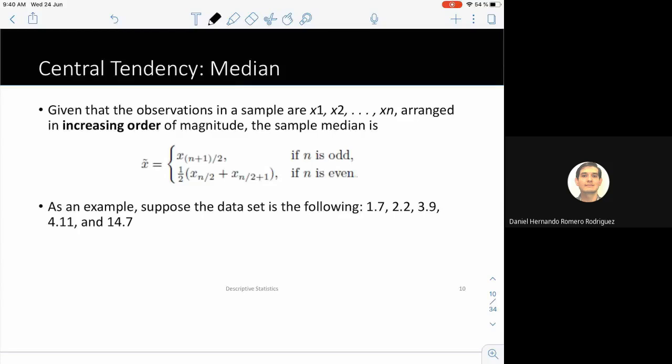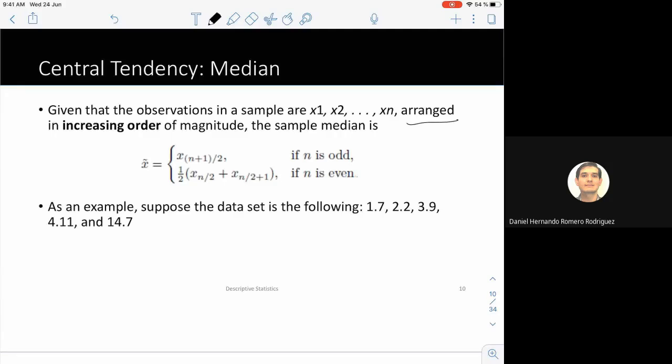There are some steps required before we compute the median. The first one is that we need to arrange the observations from the smallest value to the largest value.